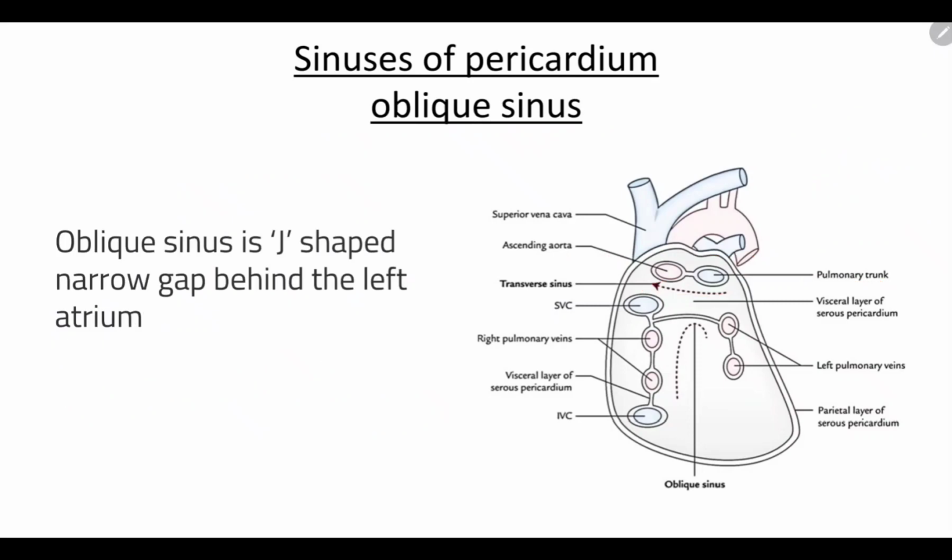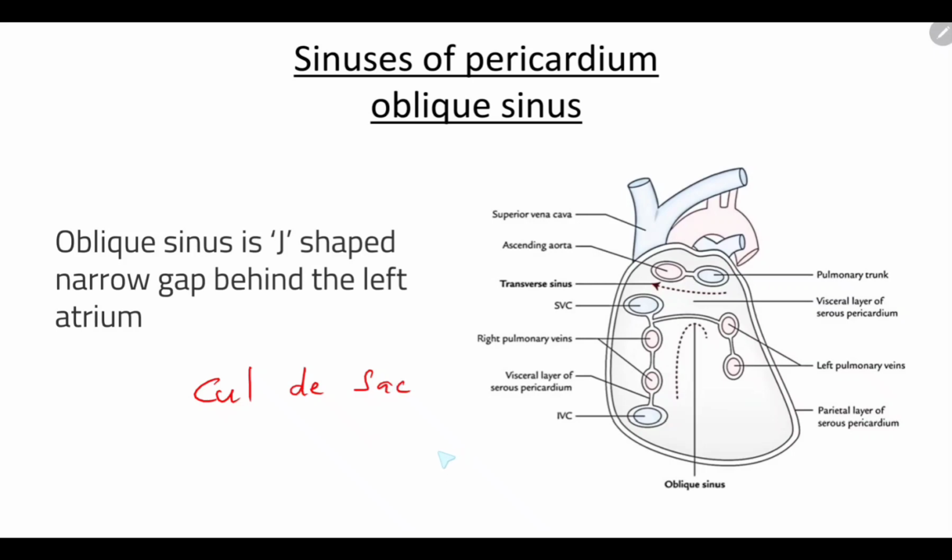Now let us see oblique sinus. We are seeing the posterior aspect of the heart. So here we have the 4 pulmonary veins. We have inferior vena cava. Reflection of this particular pericardium over these 4 pulmonary veins makes a cavity. Okay, so that cavity is an example of cul-de-sac.